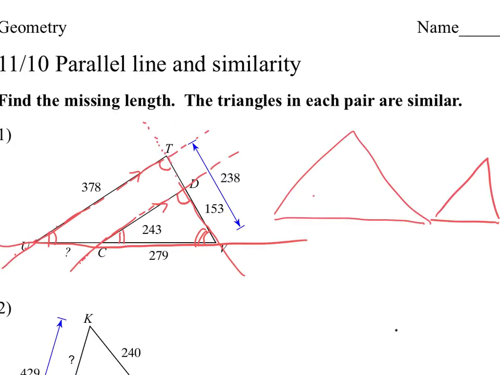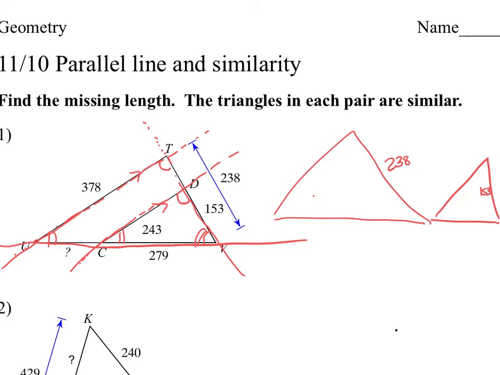So when I draw that, let's just look at the big guy. The right side here is 238 inches or whatever. The right side here is 153. Everybody see that? Yes. Now the left side is 378. Well, we need this bottom side.